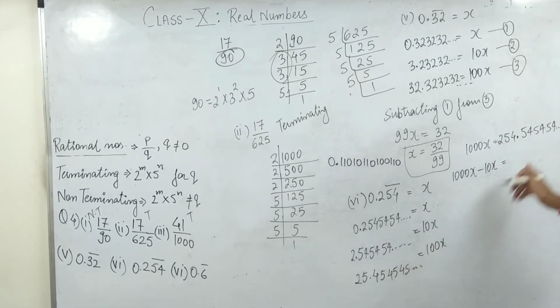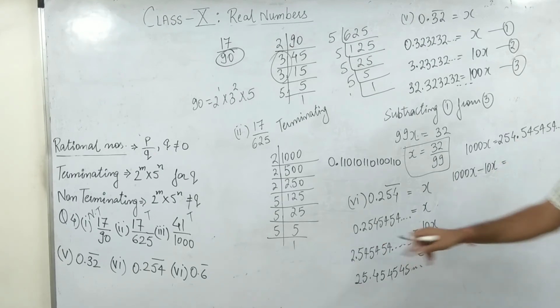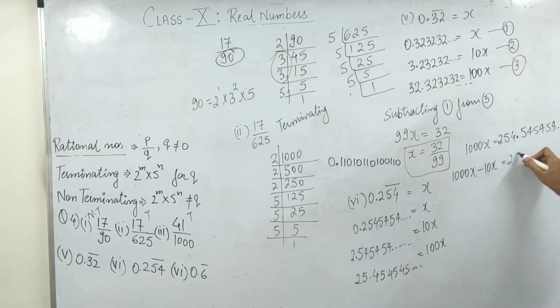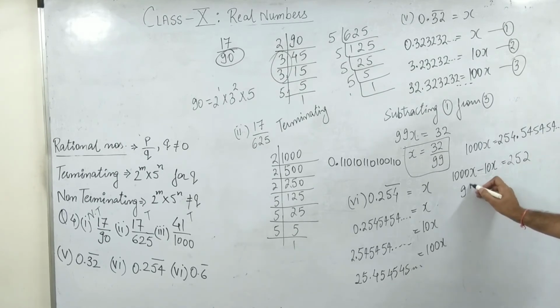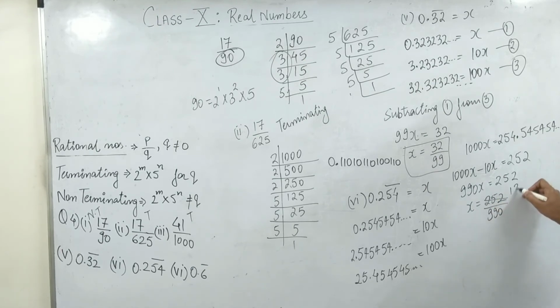So this is going to be 254 minus 2 will be 252 और बाकी तो 0.00 हो जाएगा. So that means ये आएगा 990x should be equals to 252 और x should be equals to 252 by 990. Now solve it. 2 1 times 2, 2 2s are 4, 6 are 12.